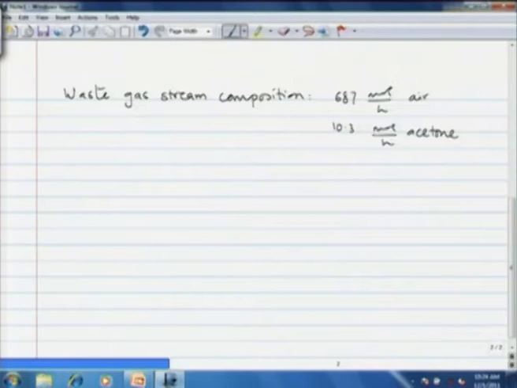Now, the first step in the design is to evaluate the economic significance of the project.